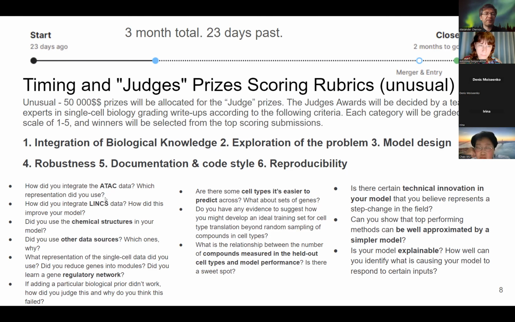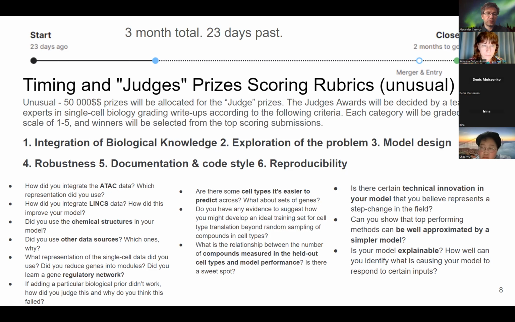They give us a question list. Part of the questions is on the slide, but not all of them, so please look on the competition site. For example, they ask, which might be interesting for biologists, how do you incorporate the ATAC data? How do you incorporate this links database? How to incorporate chemical structures and so on. It's more to stimulate researchers to participate and maybe win this prize.